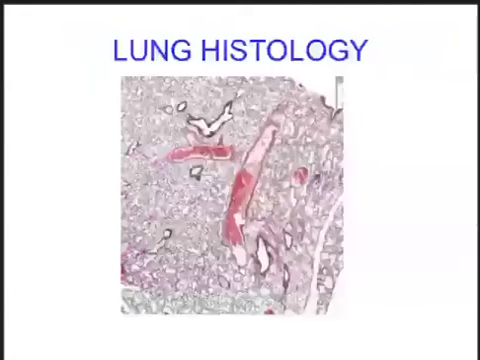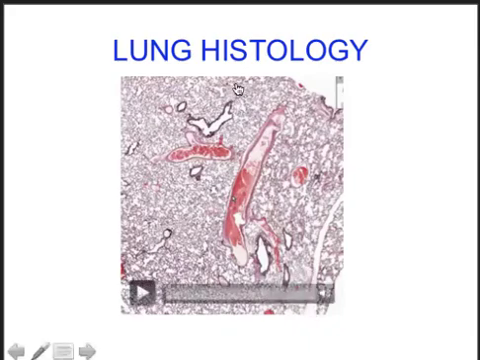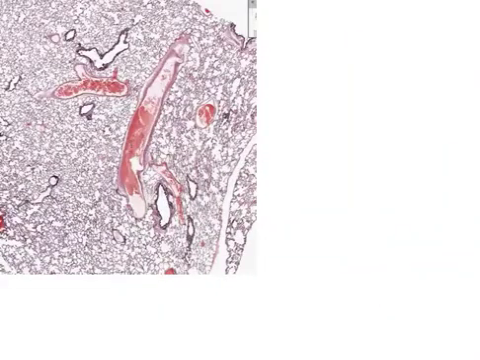Okay, this is a little quick video on lung histology. This is a lung. A lung is defined as the lower respiratory tract. Where the air passes before it gets into the lung, from the nose to the lung, is defined as the upper respiratory tract. The lung is basically nothing more than air spaces and vascular spaces.